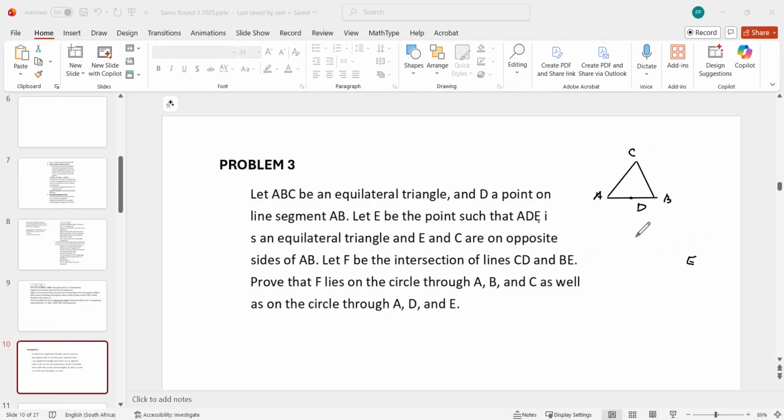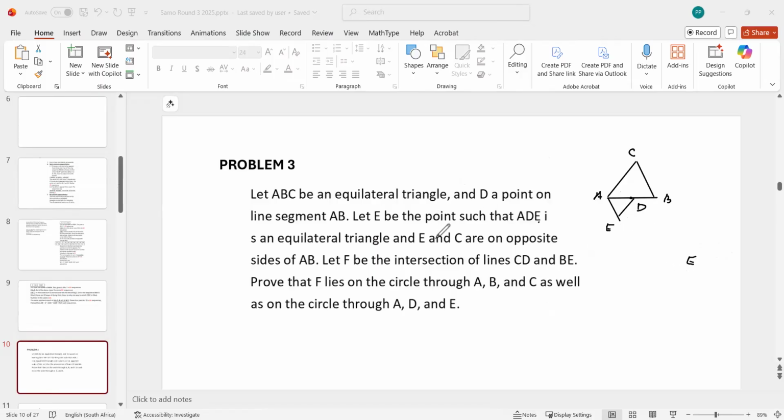So it's a new equilateral triangle which is constructed downstairs. So this is another equilateral triangle. Okay. And this triangle is called E.